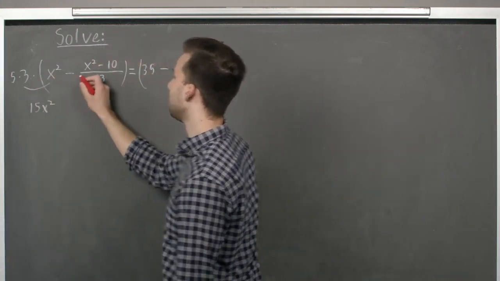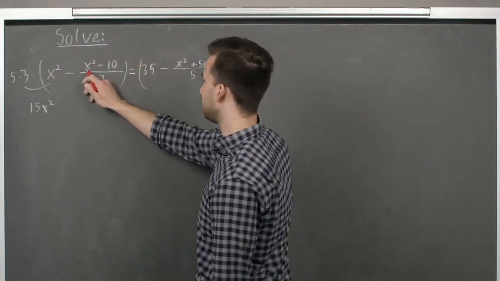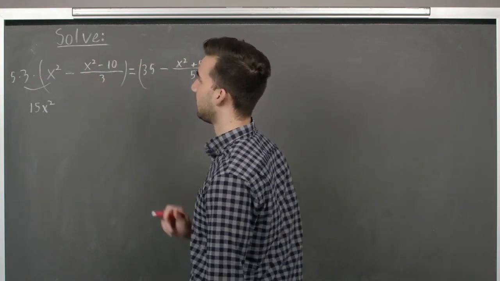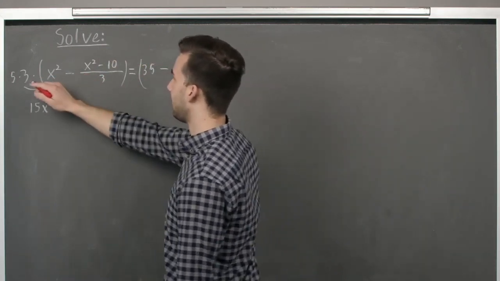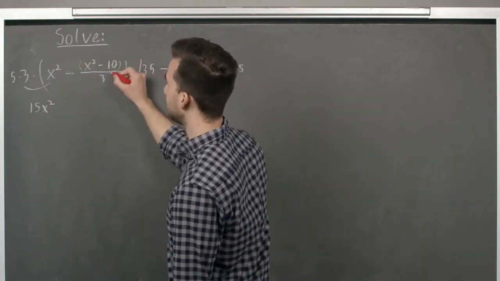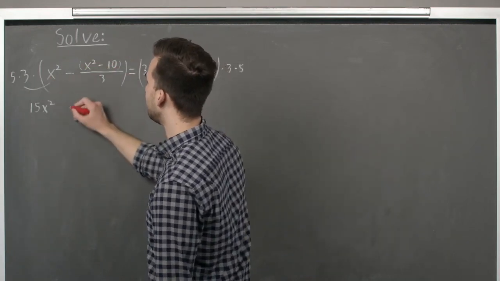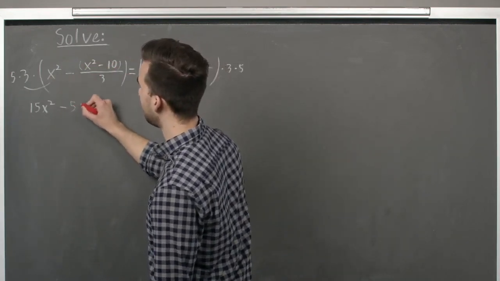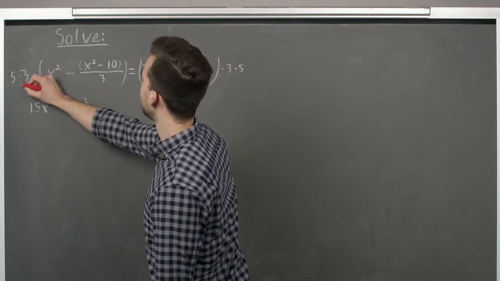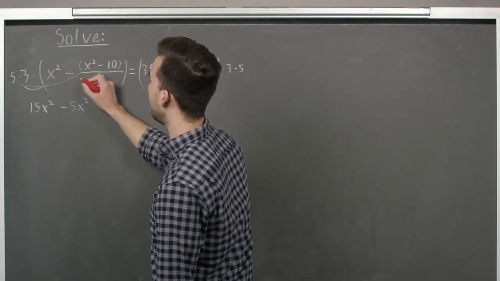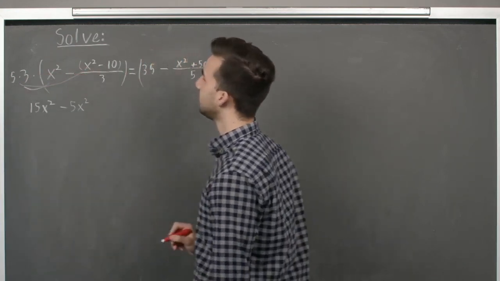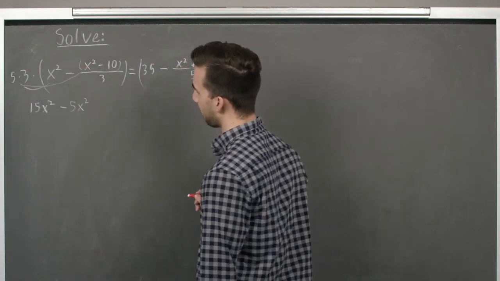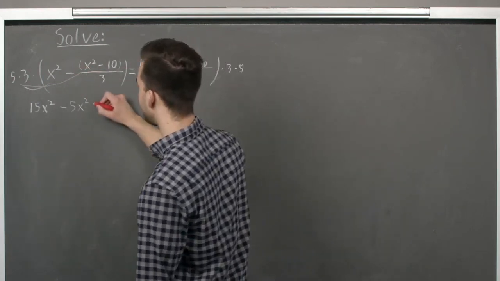And then if we do 15 times this divided by 3, that would just give us 5 times this stuff up here. So that would give us minus 5x squared. And then we would have, let's see, minus 5 times minus 10 is plus 50.